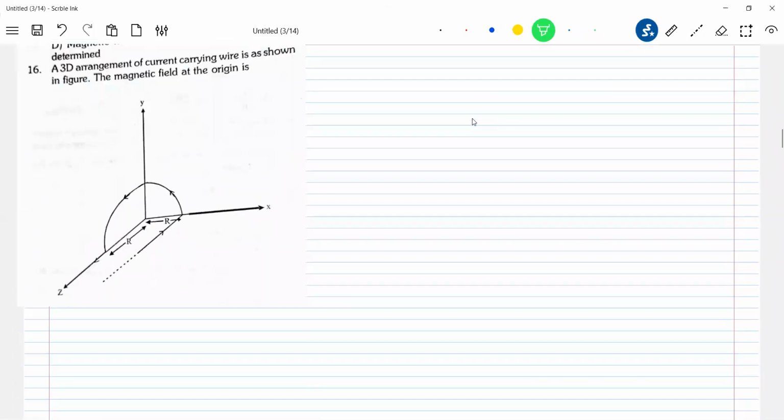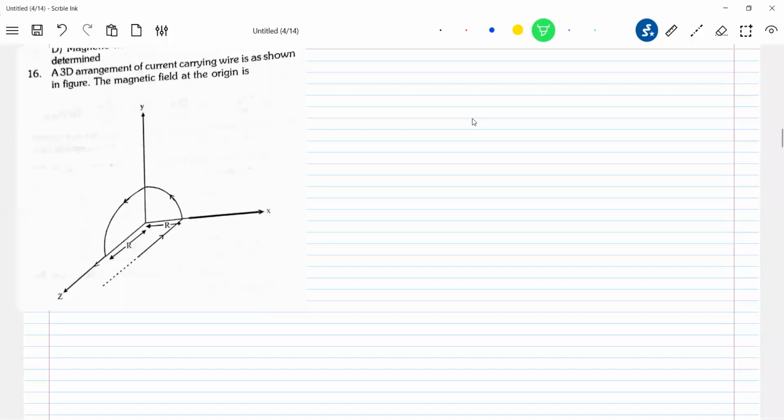Okay, take the next one. I think this is similar to what we did earlier. We have current, and you have to calculate the magnetic field at the origin. So take the segments 1, 2, 3, and this is 4.